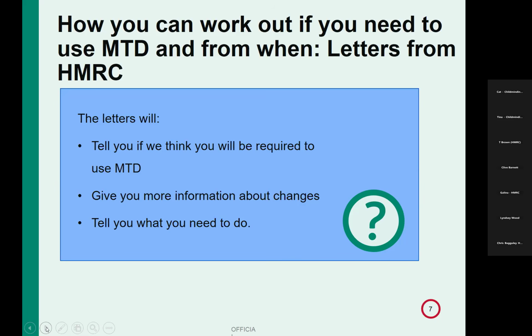Secondly, and we're happy to provide a link to this in the chat, we also have an interactive tool. That's on gov.uk, and this helps you determine when you're affected. It's on a page called Check If You Need to Use Making Tax Digital for Income Tax. And it's available now to check if you need to use MTD and give yourself some strong indications, including when you need to start meeting your new obligations.